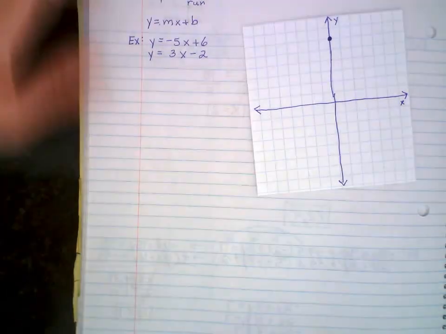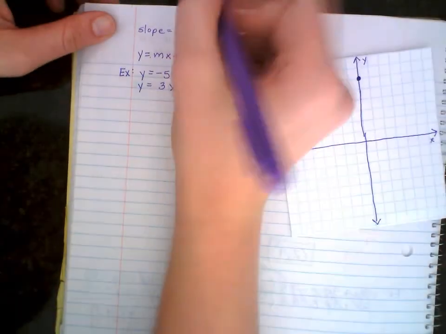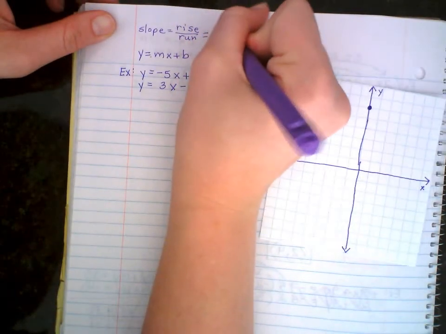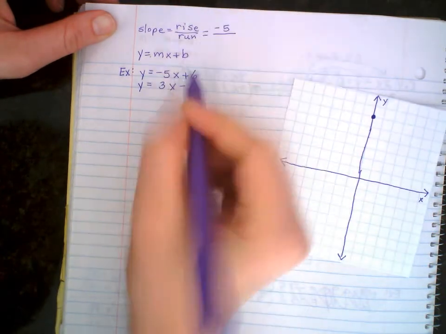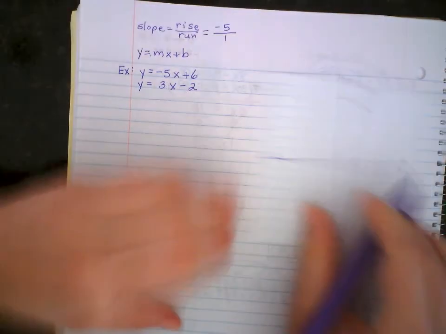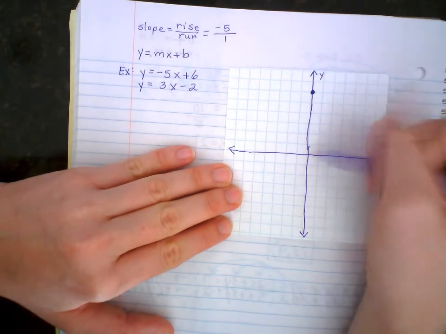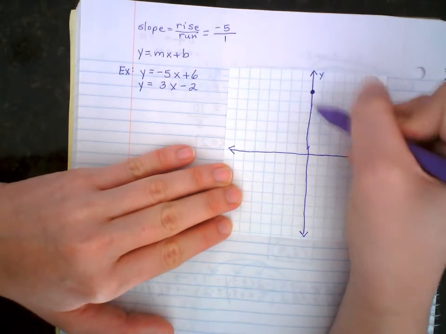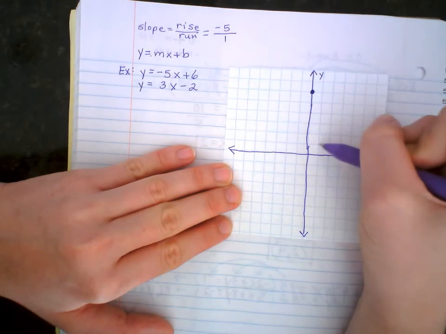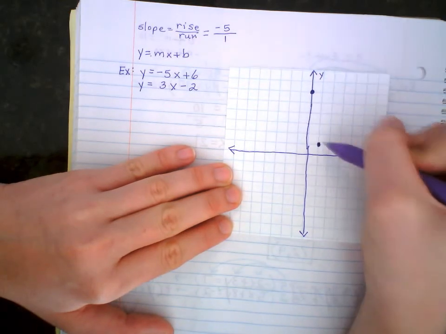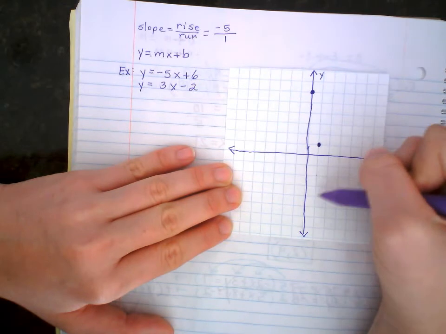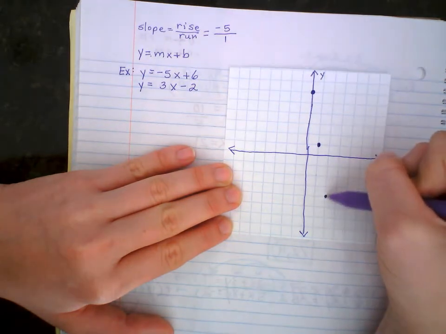That negative 5 means rise negative 5, so go down 5, over an invisible 1, right 1. From the y-intercept, not from the origin. Go down 5, right 1. Down 5, right 1.